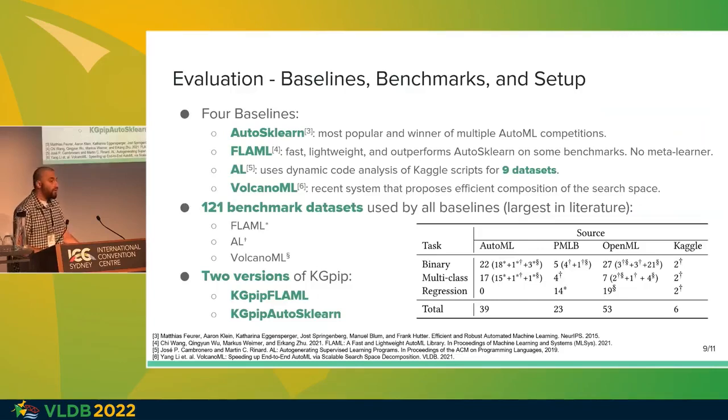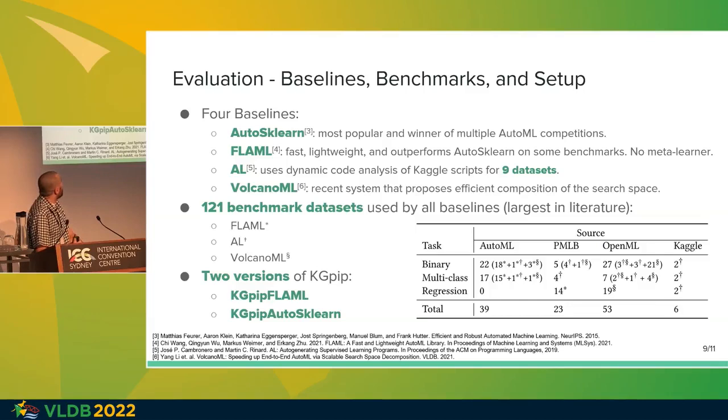All right, how did we evaluate our system? We used four baselines. AutoSklearn is the most popular AutoML system, and it's a winner of multiple AutoML competitions. FLAML is a fast and lightweight system proposed by Microsoft in 2021. It also outperforms AutoSklearn on some datasets.